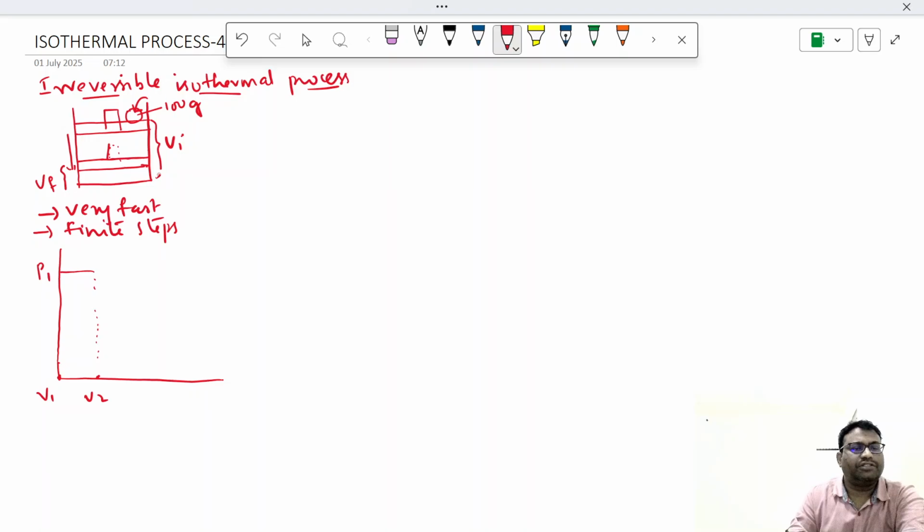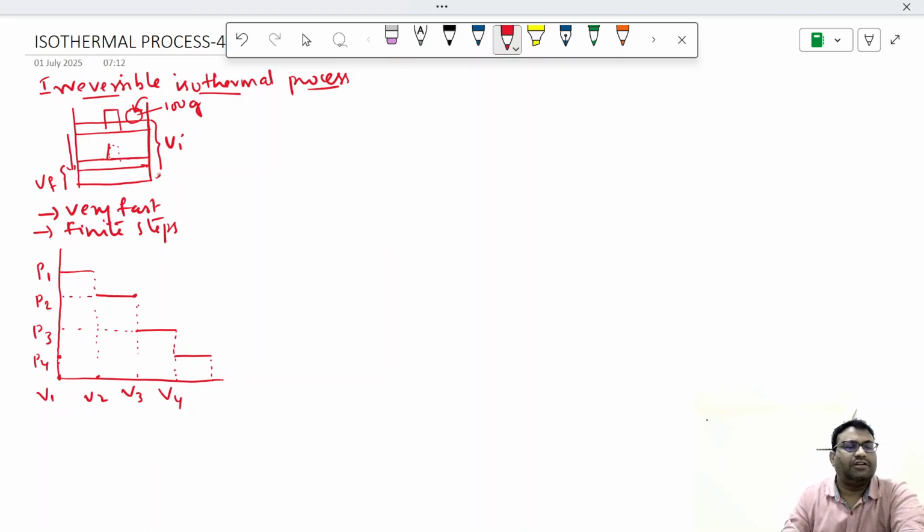So this is one step, and with pressure P2, the volume is changed to V3. With pressure P3, the volume is changed from V3 to V4. In this way, with pressure P4, the volume is changed from V4 to V5.